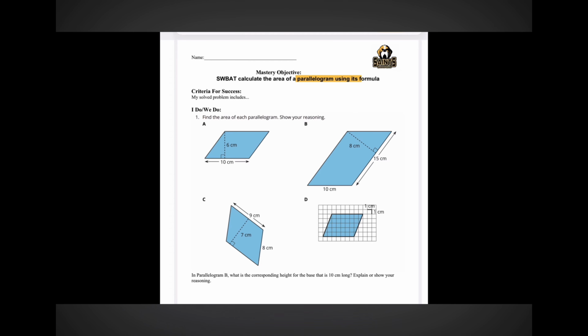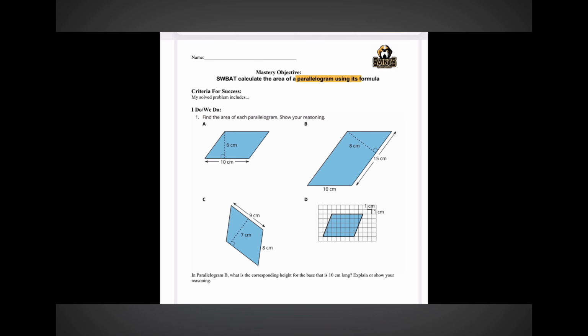Which we found yesterday is the same as finding the area of a rectangle, as long as you know where the height is. And then 3, to use substitution. We already know that base times height equals area. We can just substitute in our base and our height, and voila. And then we calculate the area. So now we're actually solving the equation that we wrote.